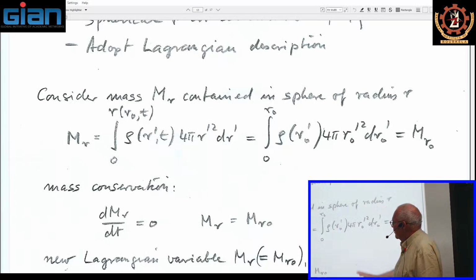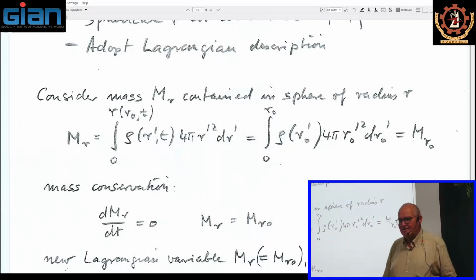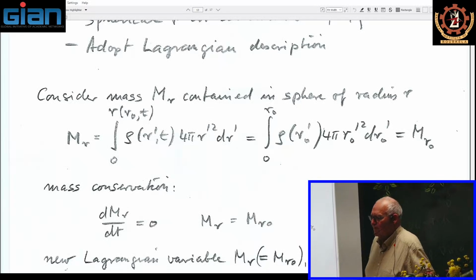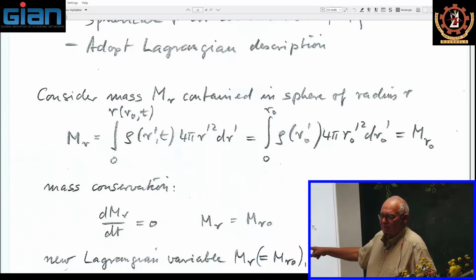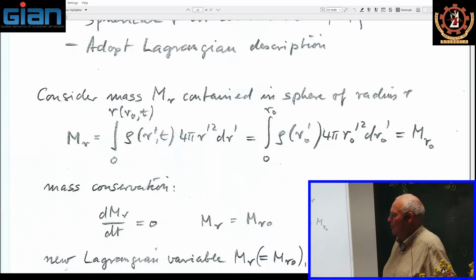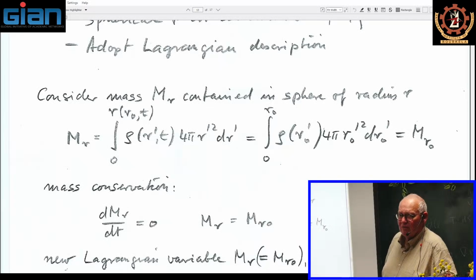So instead of taking r0 as the Lagrangian variable, we could equivalently use M(r), which is M(r0), as a new Lagrangian variable.